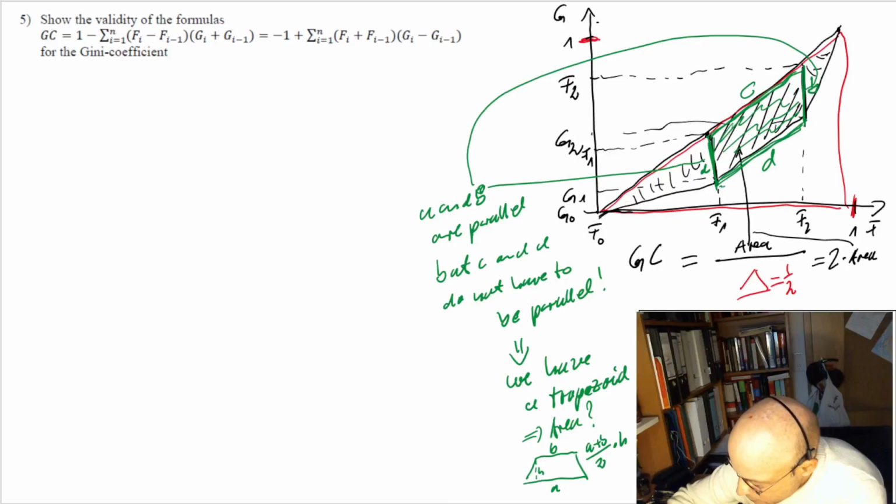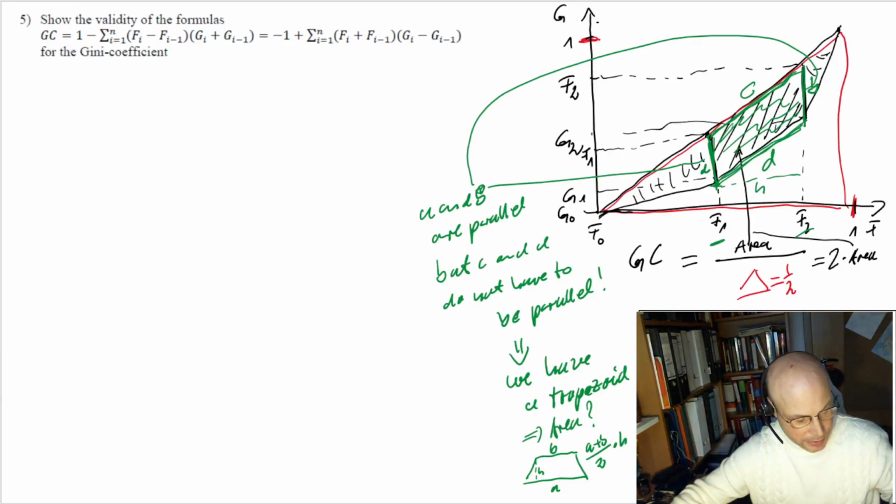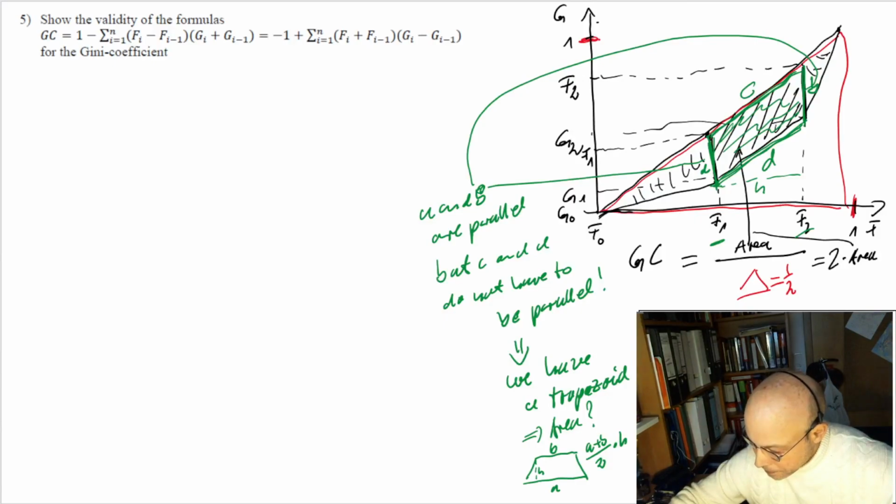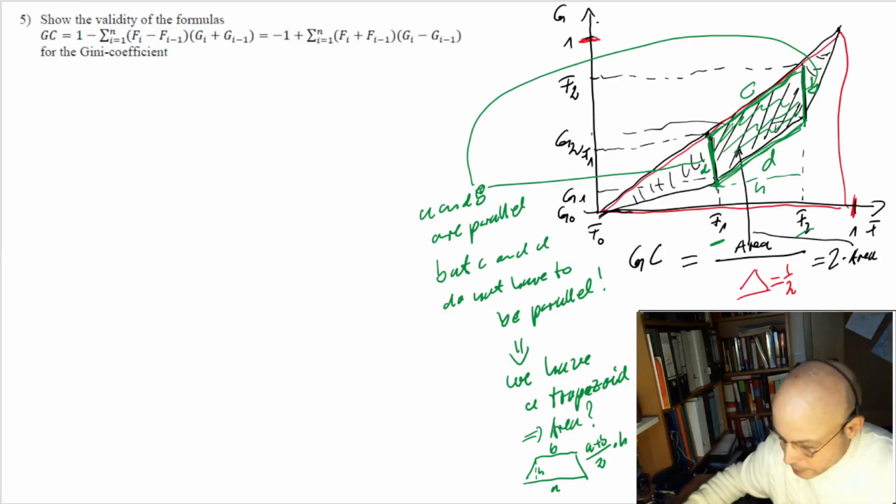And now we know that the height of this trapezoid is F2 minus F1. And we know that A is this point here, F1 minus G1.